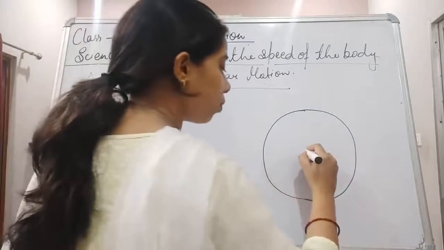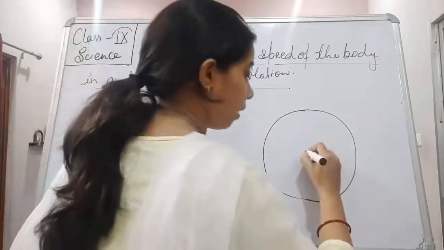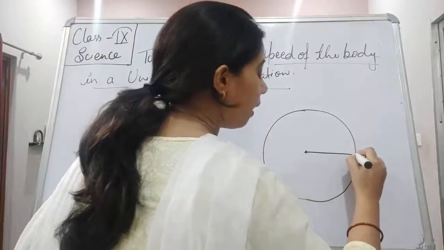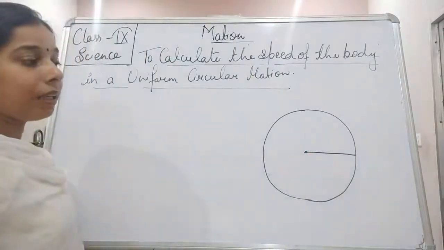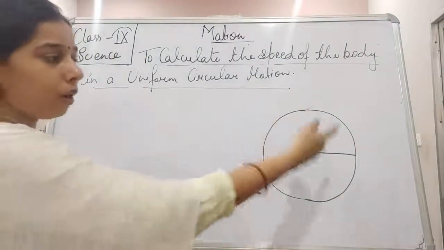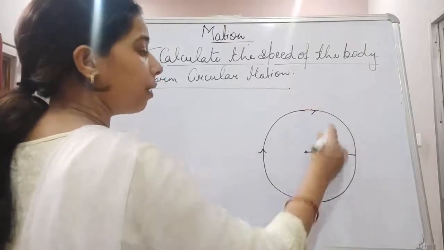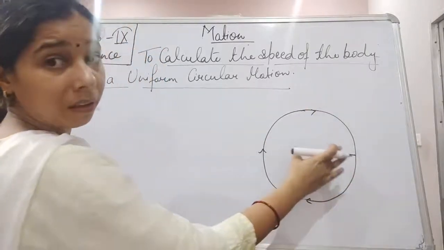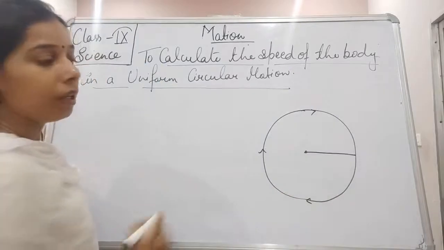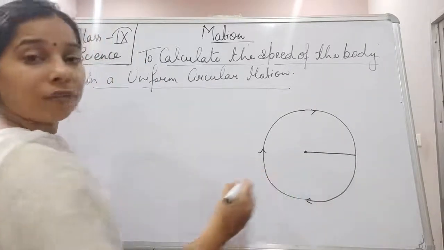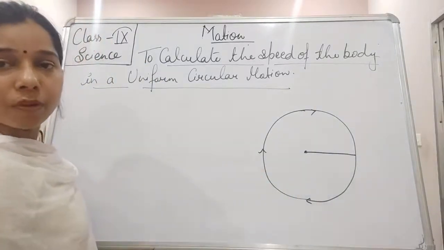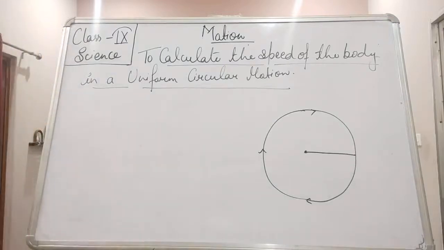A person has tied a stone and is moving it like this. Then this will be the radius of the circle, and this will be the center, where the person is present.